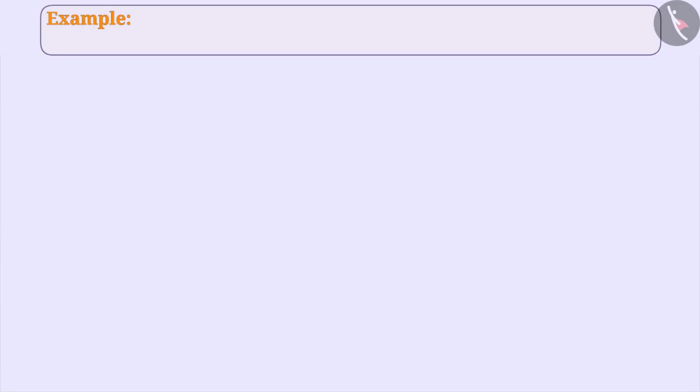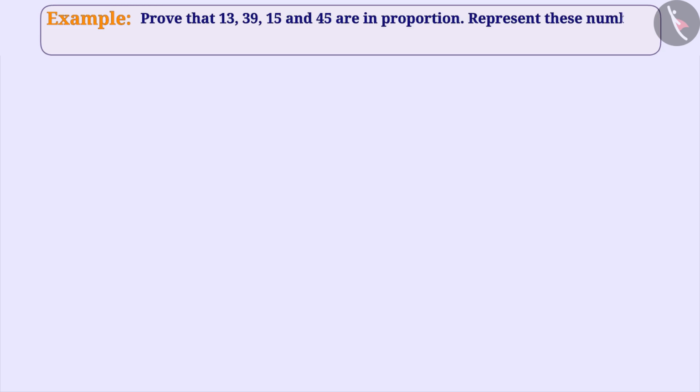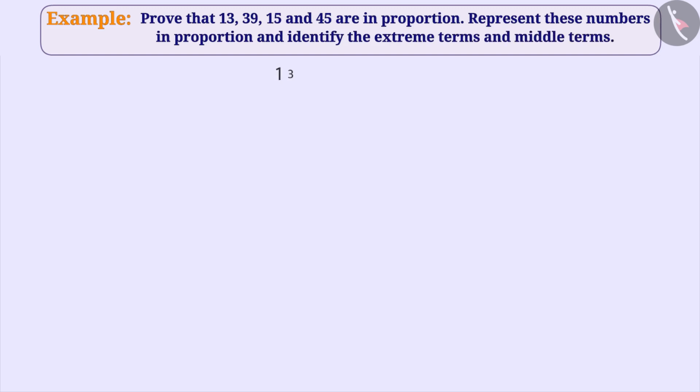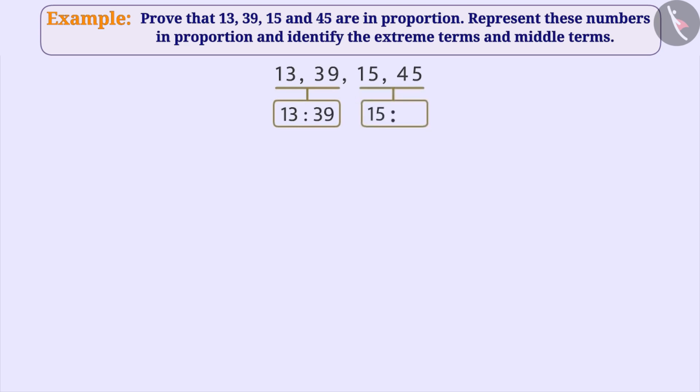Next example. Prove that 13, 39, 15 and 45 are in proportion. Represent these numbers in proportion and identify the extreme terms and middle terms. 13, 39, 15, and 45 will be in proportion only when the ratio of the first two terms, that is, 13:39, is equal to the ratio of the last two terms, that is, 15:45.